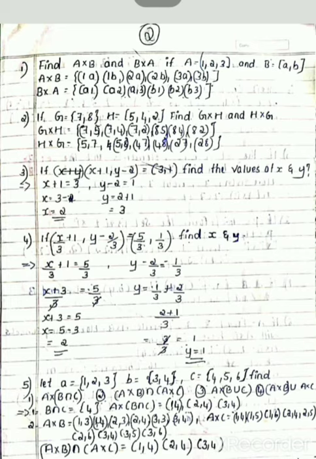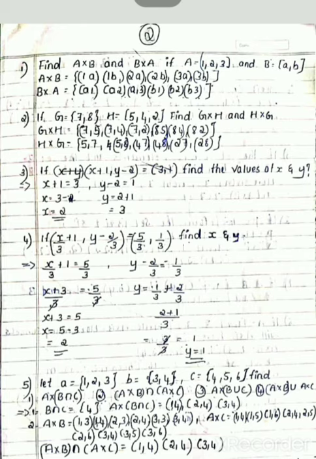Similarly, A cross C has 1, 4, 1, 5, 1, 6, 2, 4, 2, 5, 2, 6, 3, 4, 3, 5 and 3, 6.